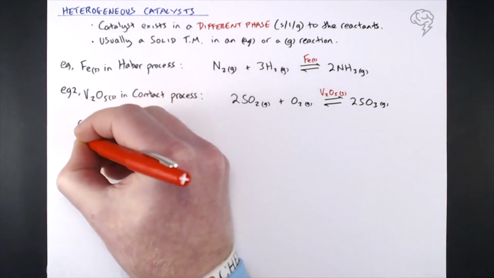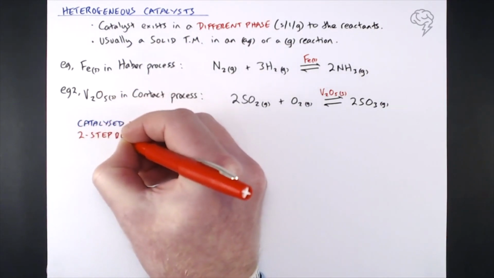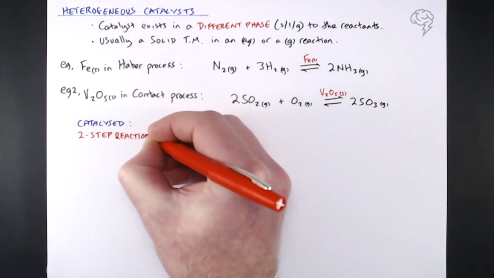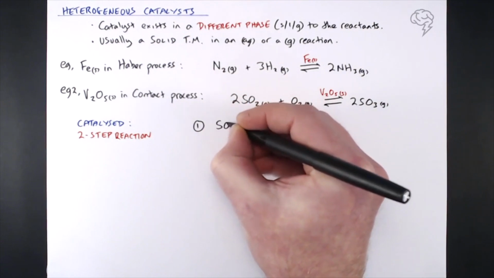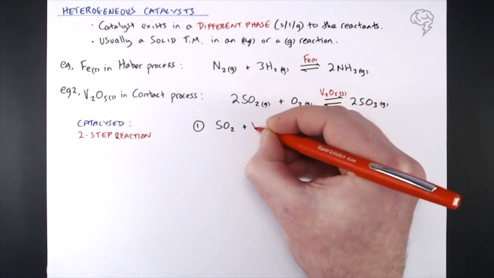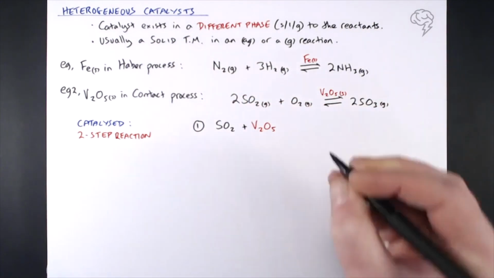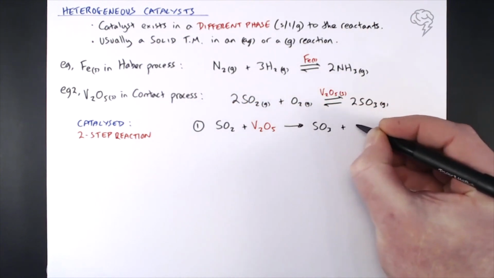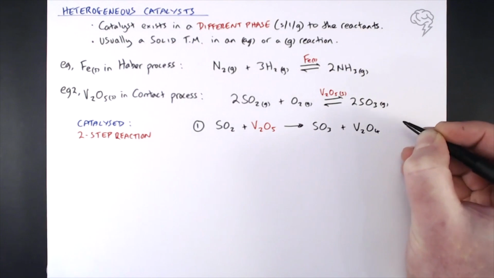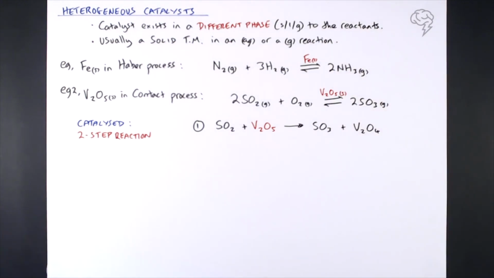But the catalyzed reaction is a 2-step process, and we can show how the V2O5 actually acts as a catalyst here. So the first part of the reaction is the sulfur dioxide reacting with V2O5 to give SO3 and V2O4. So you can see here how the V2O5, which I've done in red to show you that it's regenerated later, actually changes oxidation state.